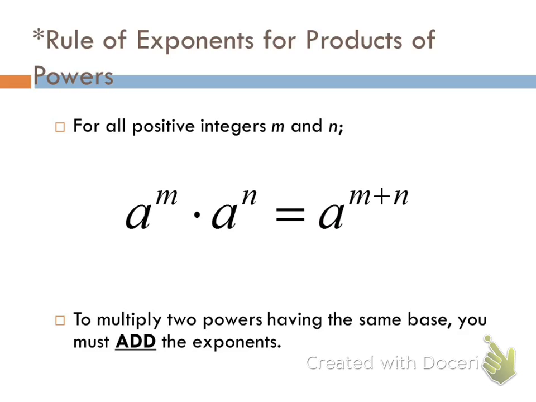So it says for all positive integers, m and n, a to the m times a to the n is equal to a to the m plus n. The bottom it says to multiply two powers having the same base, that's important, the same base, you must add the exponents together. Multiplying the same base, you add the exponents.